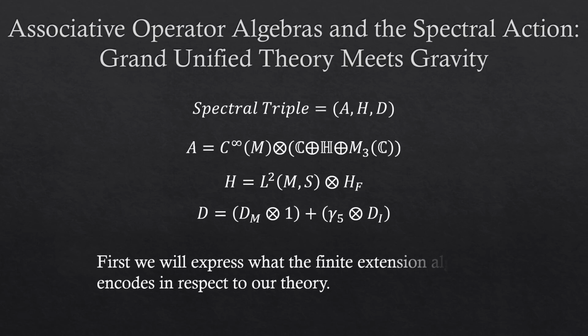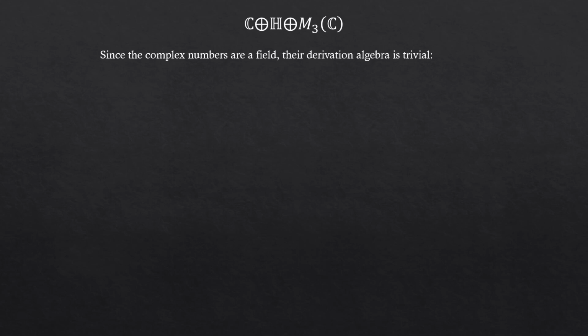But first we'll express what this finite extension algebra, which is C ⊕ H ⊕ M_3(C), encodes with respect to our theory. How does this relate to Lie algebras and Lie groups? Since the complex numbers are a field, their derivation algebra is trivial, so we won't go deeply into that. So here's our derivation of C.